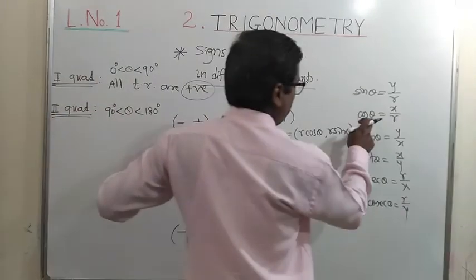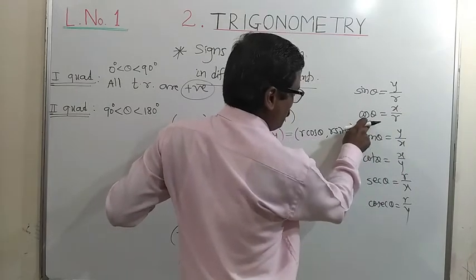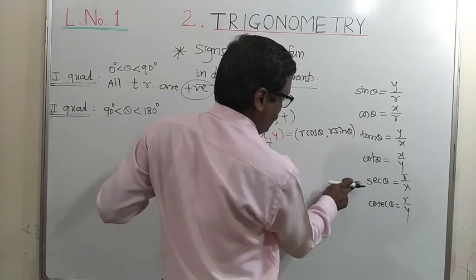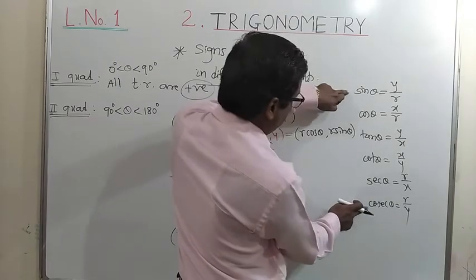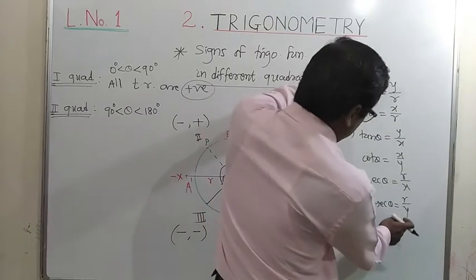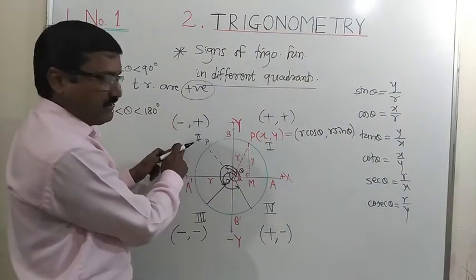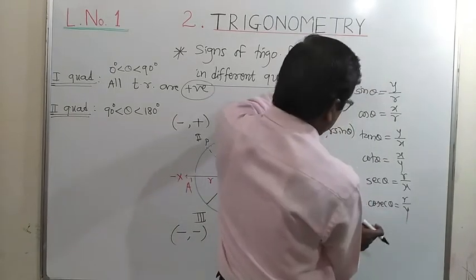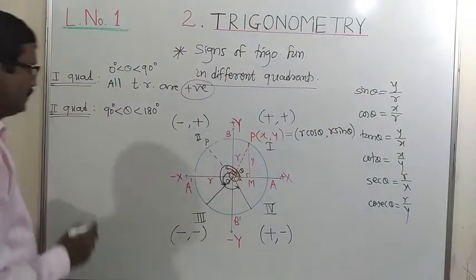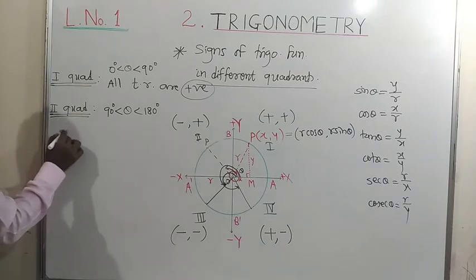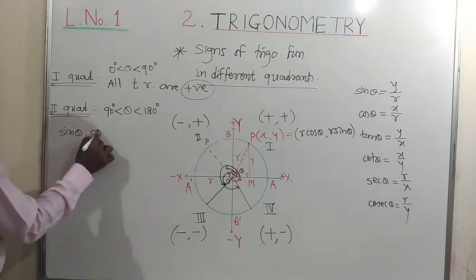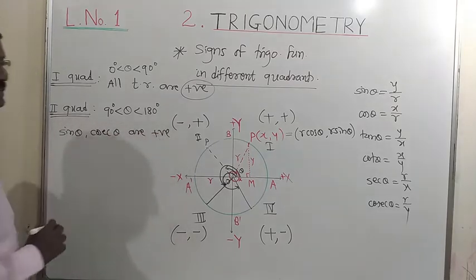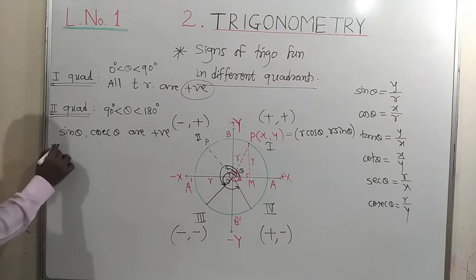So the ratios or functions which contain x will all be negative. Where is x? x is in cosine ratio, in tan ratio, in cotangent ratio, in secant ratio. In sine and cosec, y is positive and r is always positive. So sine theta and cosec theta are positive. Remaining are obviously negative.